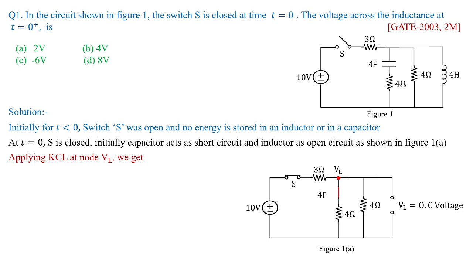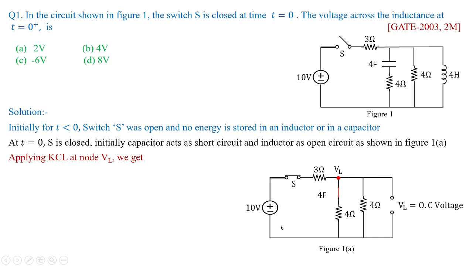You have a branch current flowing through 10 volts in series with 3 ohms, and this 4 farad is shorted, which was connected in series with 4 ohms. So you can neglect this 4 farads because it is replaced by a short wire. Then you have 4 connected parallel to this 4, and the inductor is open circuited as soon as the switch is closed.